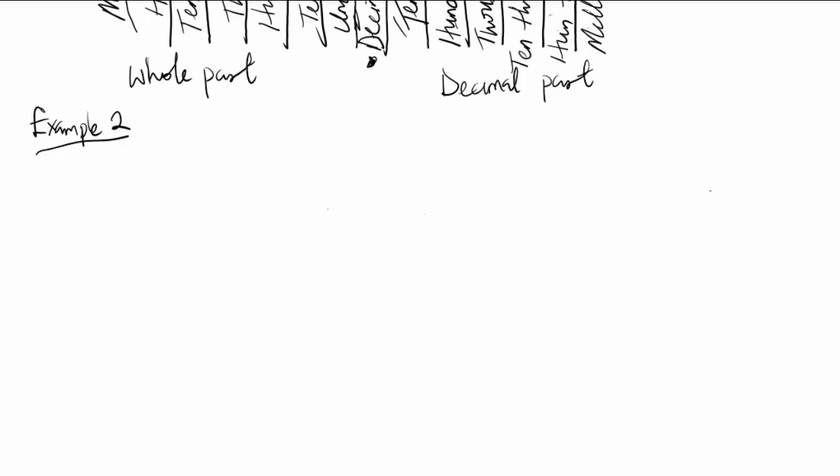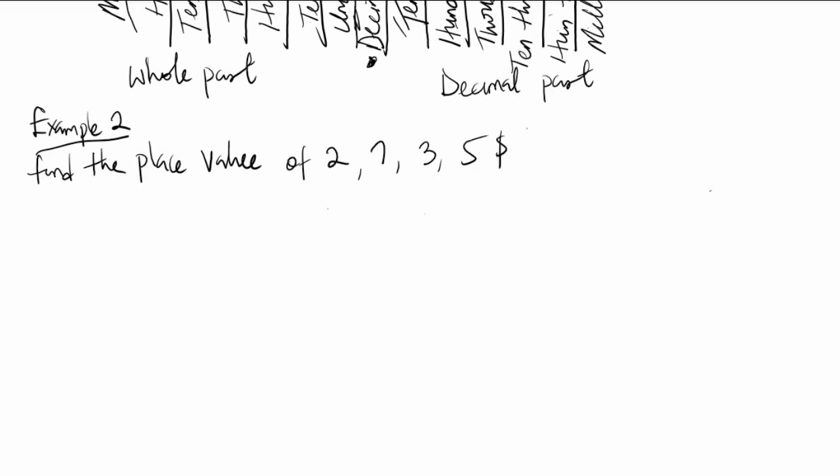Find the place value of 2, 7, 3, 5, and 6 in 27.356. Very good. So let's figure this out together.